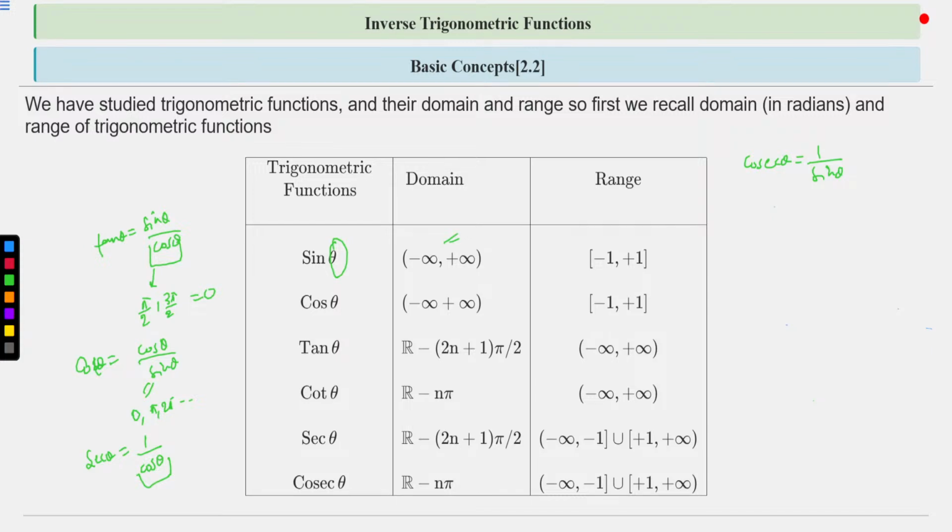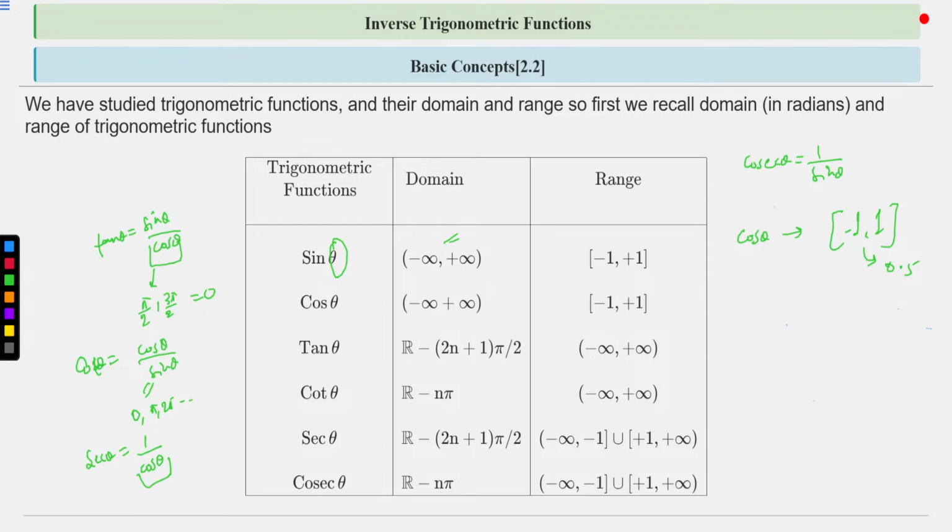Okay, how is the range of sec theta from minus infinity to minus 1 union 1 to infinity? See, what is sec theta? The range of cos theta will always be between minus 1 to 1, right? Suppose you take any value in minus 1 to 1, say 0.5.